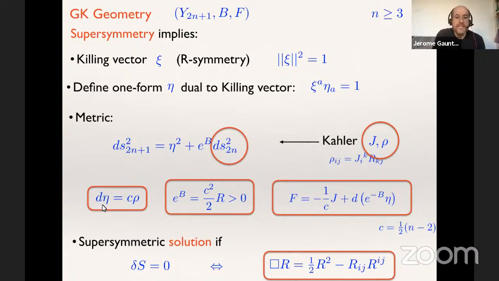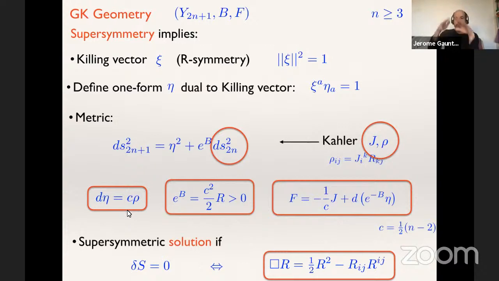The 1-form eta actually is determined by the scalar metric because its exterior derivative is just the Ricci tensor rho. And finally, F is given by the scalar form J plus d of e to the minus B eta. And as I just said, they are both determined by the scalar metric as well.